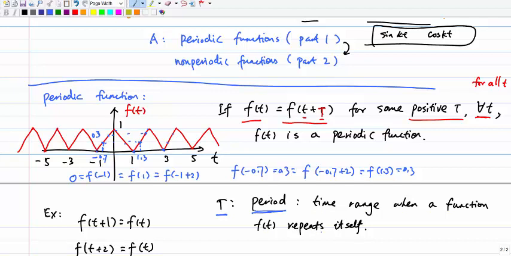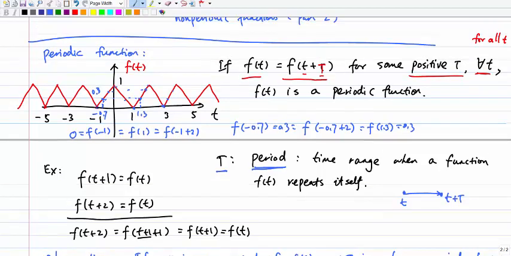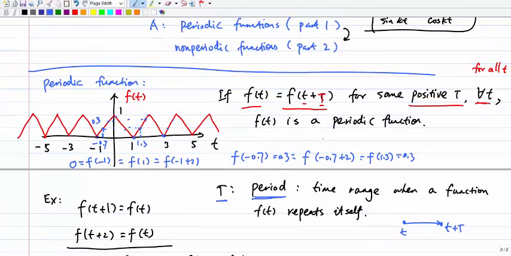If you jump from t to t + T, you're going to get the same value. It will repeat. This is called the period. For example, for this case, the period is just 2.